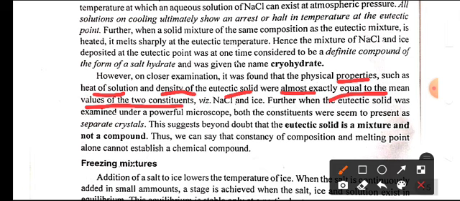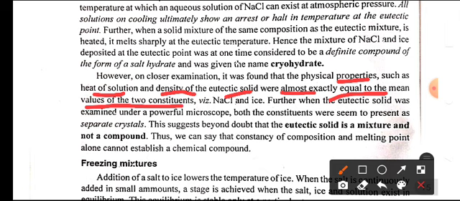That is, once again I repeat, by close examination it is evident that the physical properties like heat of solution or density of the eutectic solid were almost exactly equal to the mean values of the two constituents, sodium chloride and ice.